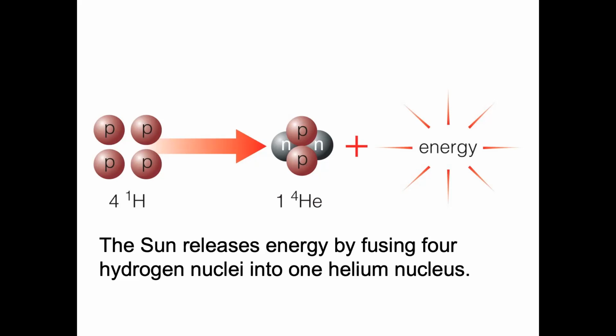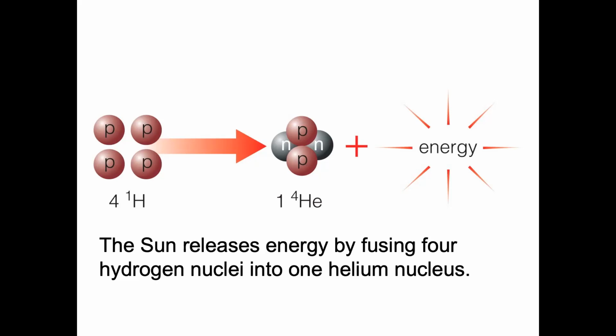Let's say that each hydrogen atom has a mass of 1 mass unit. I'm just making it up. 1 mass unit. All right, so each hydrogen atom, of which there are 4, has a mass of 1 mass unit.